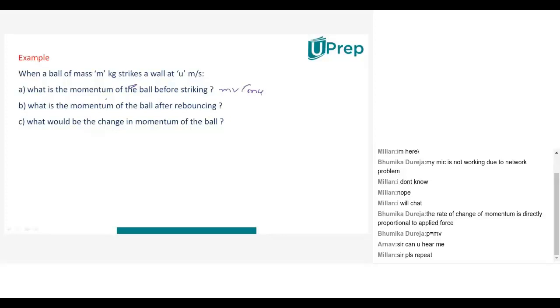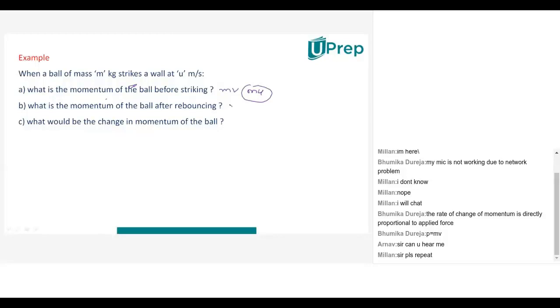Sir, it is also mu. Which one is mu? Sir, change in momentum. Change in momentum is final momentum minus initial momentum. What is the final momentum here? Sir, upon time will not be here. Why time here?